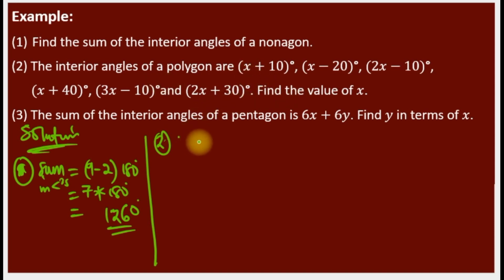So we now use a logic. Since we've known all the angles, we know that if you sum it, it must give us n minus 2 times 180, where n is 6.